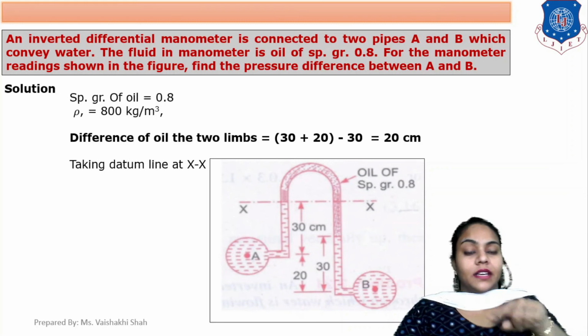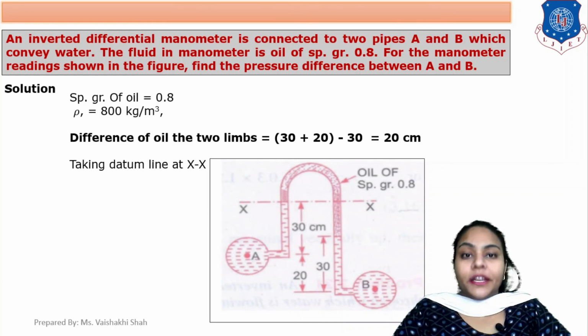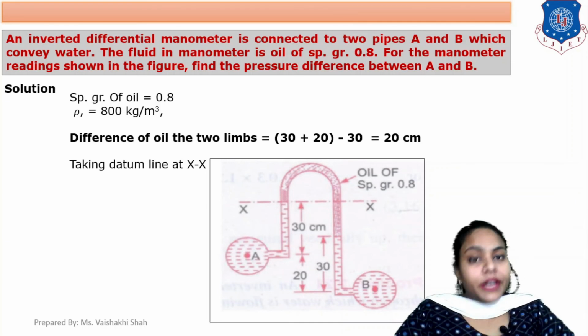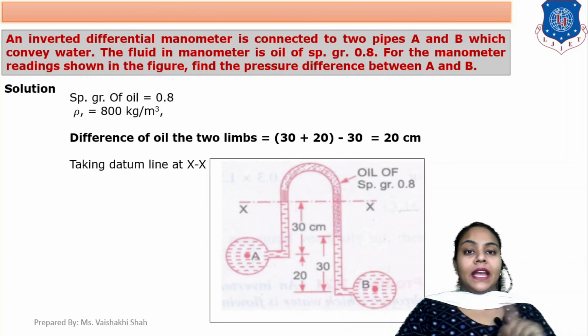In the U shape, the fluid filled is oil with specific gravity 0.8. The manometer readings are shown in the figure. The diagram is already given to you. Find the pressure difference between A and B.